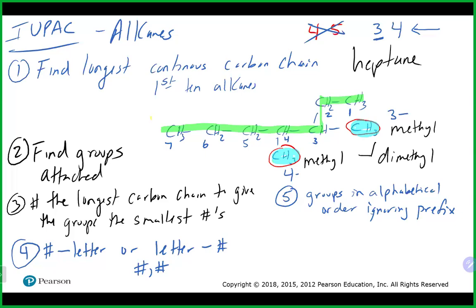All right, so to put this all together here, we're going to go with our numbers, which are 3, 4. Because those are both methyl groups, we do need to give both numbers. We then need a dash, dimethyl, because that is telling us at carbon 3 there's a methyl group, and at carbon 4 there's a methyl group, and there's 2 total methyl groups in the compound, which is why it's called dimethyl in this case.